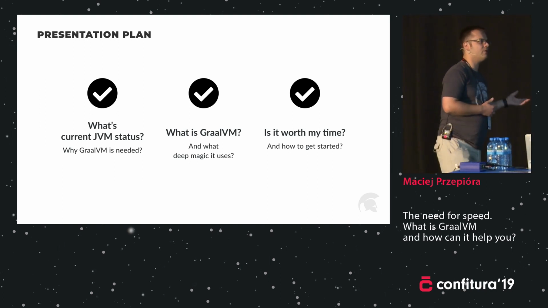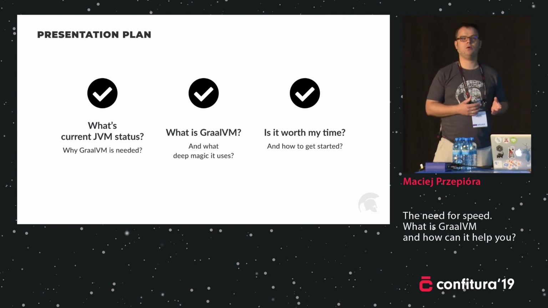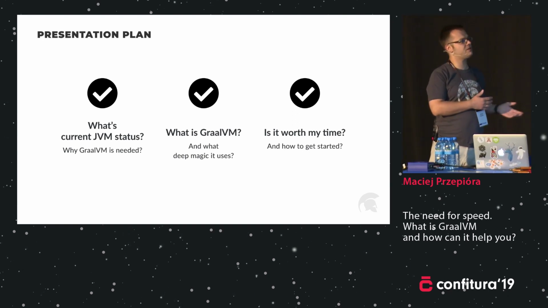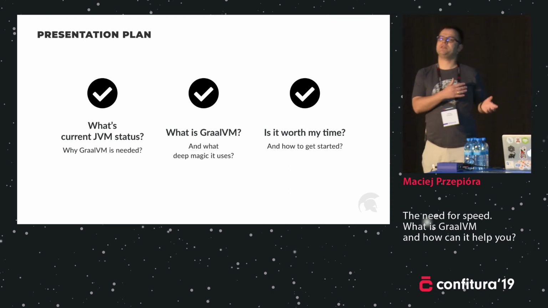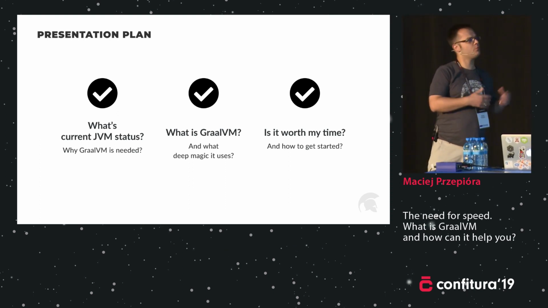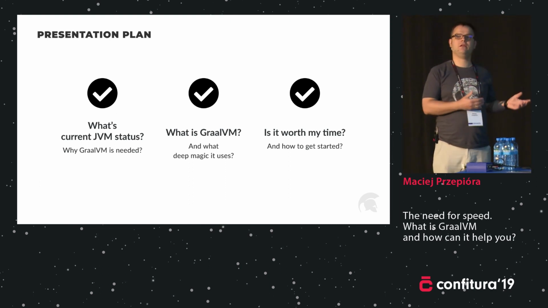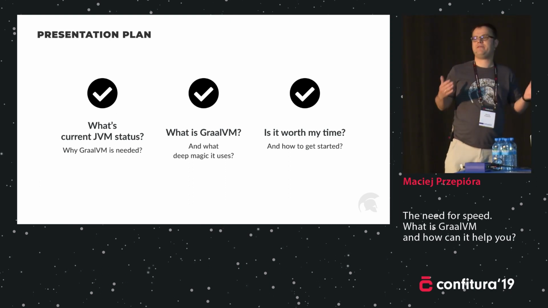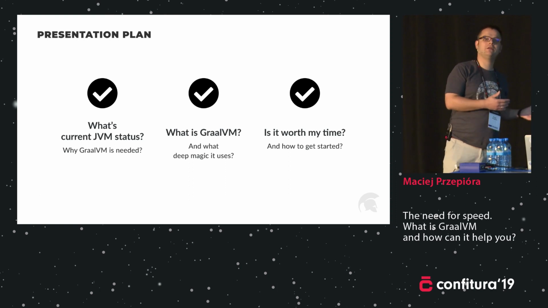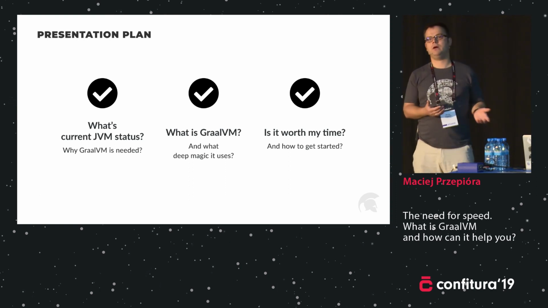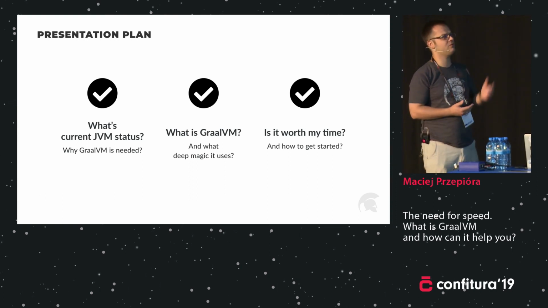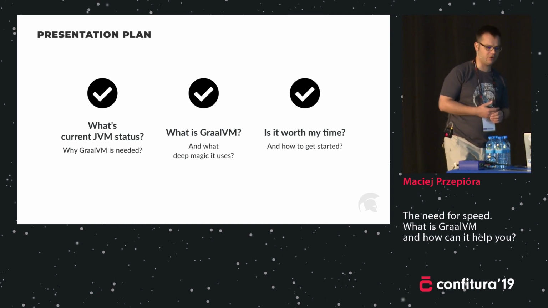Then I will talk about what GraalVM is, what parts it consists of, and what special techniques it uses to improve the situation. And then I will try to explain if it's even worth your time. Most of you have heard about it. Maybe you are interested in whether you should research it more. I will try to answer that question in the last part of the talk.